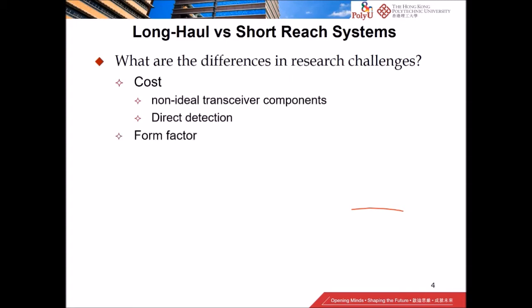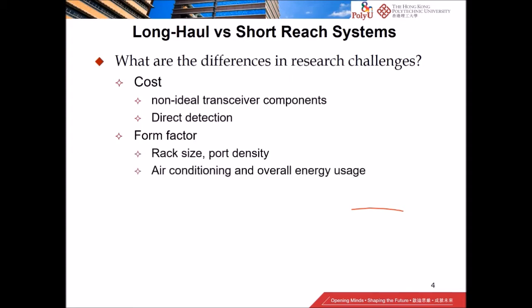Form factor, the size of the transceivers. Now, of course, that's also a feature to optimize for long-haul systems as well. But for short reach, it translates into the size of the rack of servers and the port density and things like that.